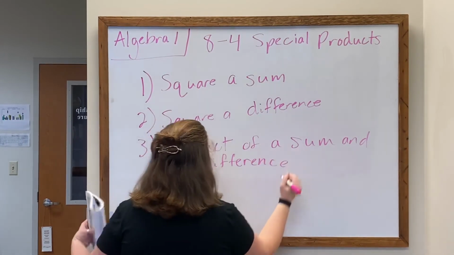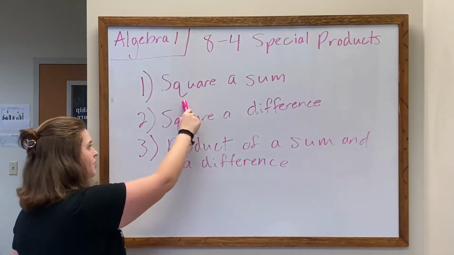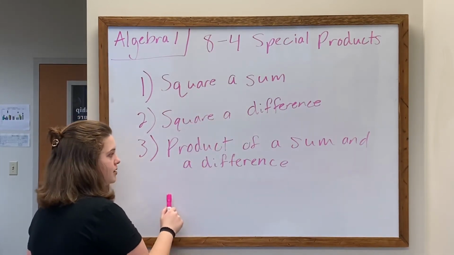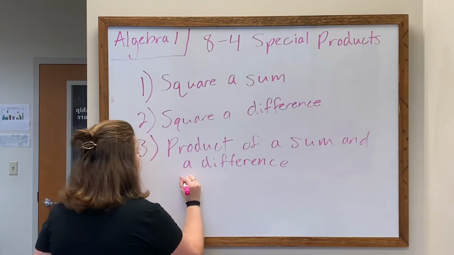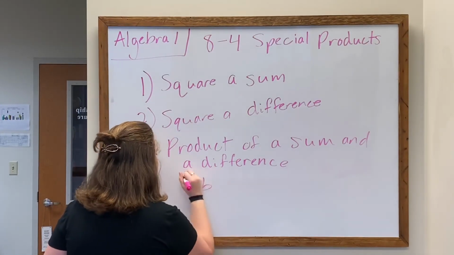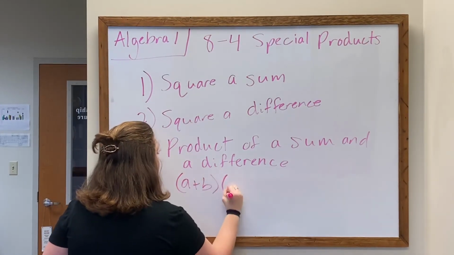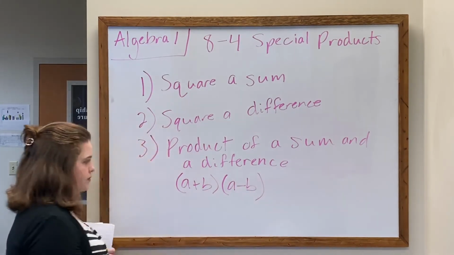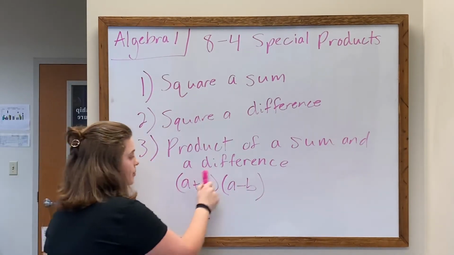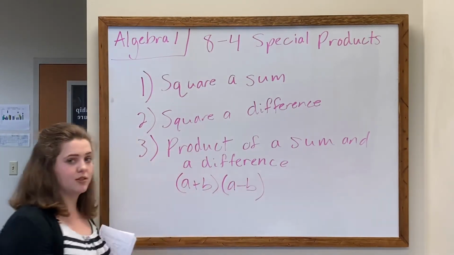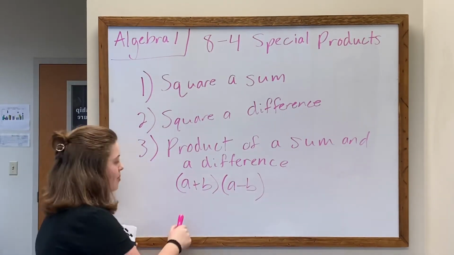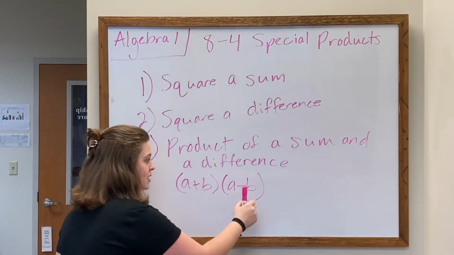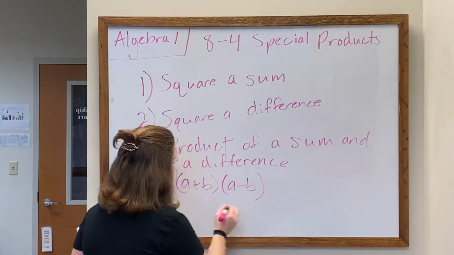So basically we did sum times sum, difference times difference, and now we're doing sum times difference. So we have (a plus b) times (a minus b). And we're going to multiply them together just like we would anything else, making sure that both of these terms are multiplied by both of these terms.